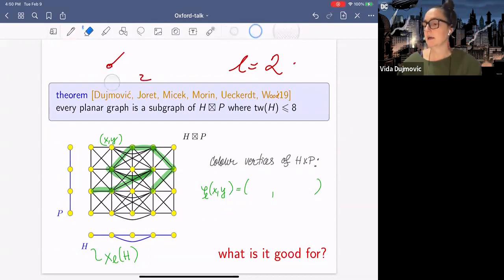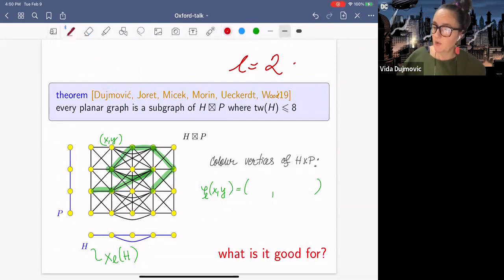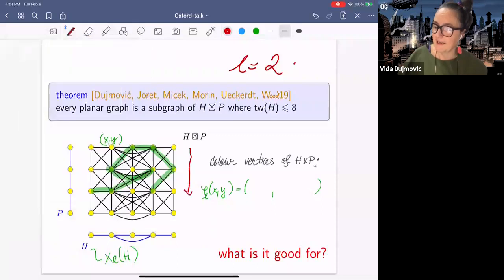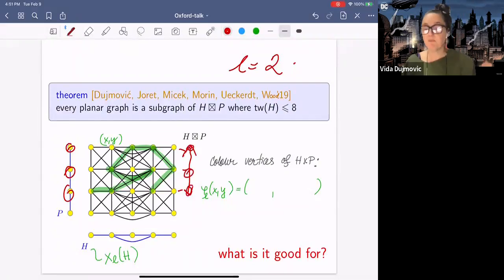So we have paths of length at most 2. In this product, let's call these layers of vertices of P. They cannot travel more than 2 edges, so the path will be contained in there.